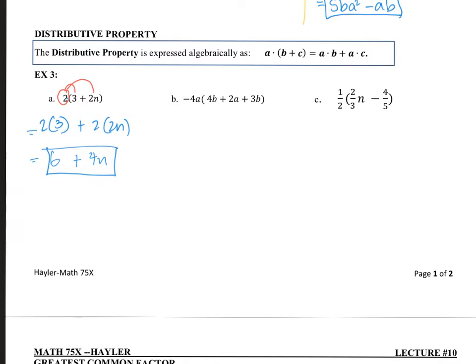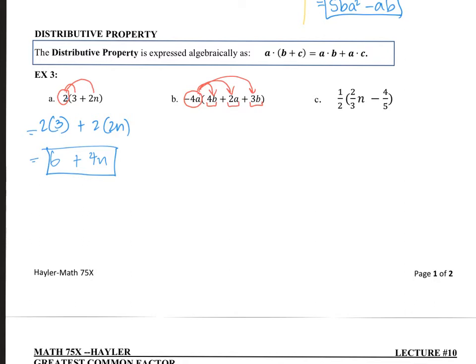Alright, so looking at b, how many times will we have to end up distributing, and what are we distributing? Well, this whole outer piece here is what's being multiplied to the parentheses. So we're going to have to distribute that entire negative 4a, and we're going to distribute it 3 times to each of these terms. And remember, terms are what are separated by a plus or minus sign.